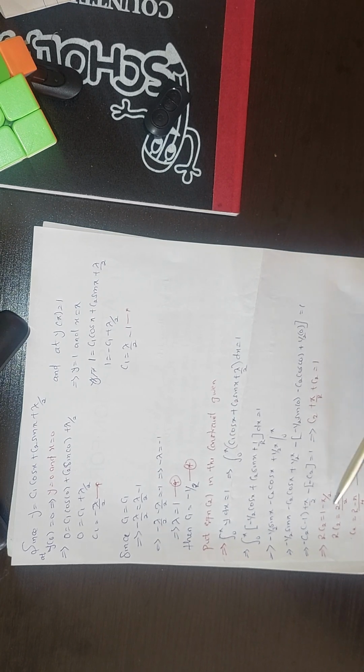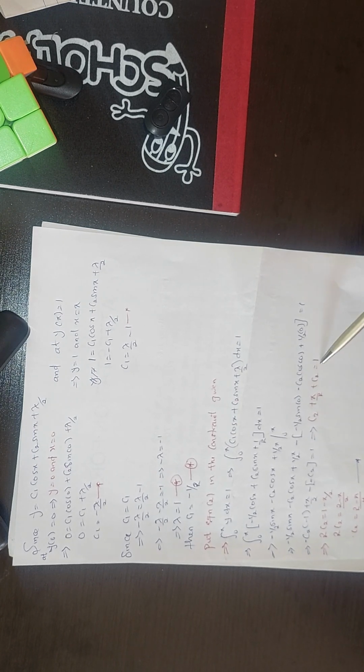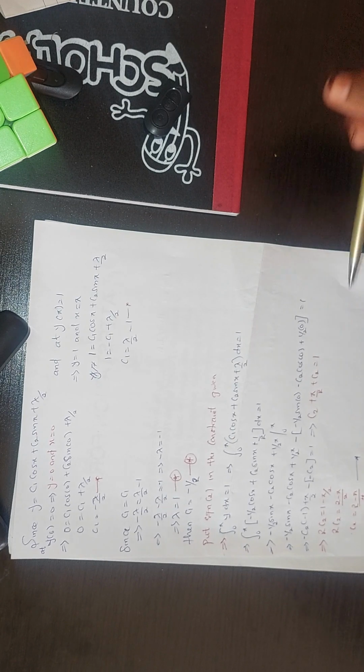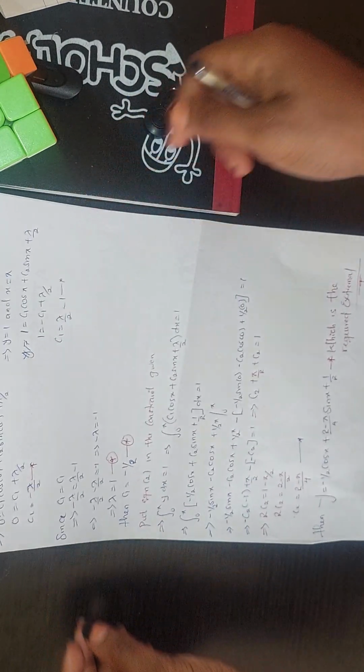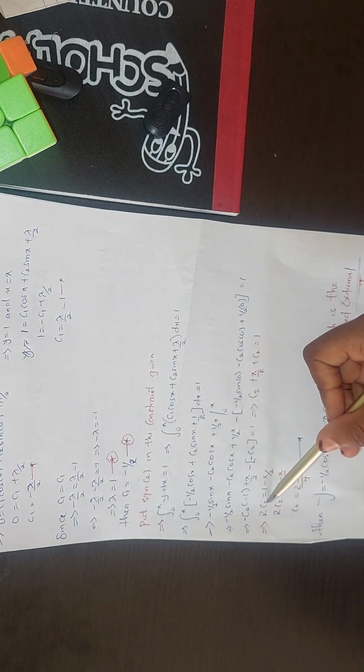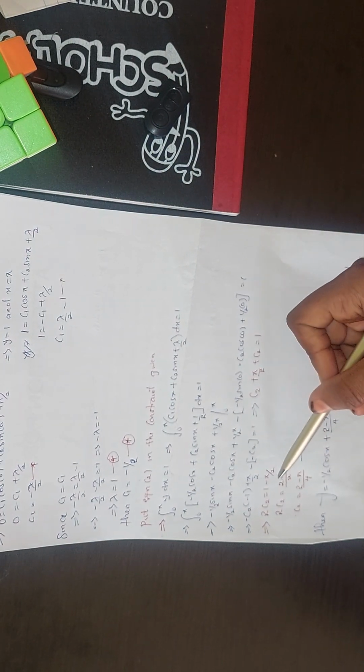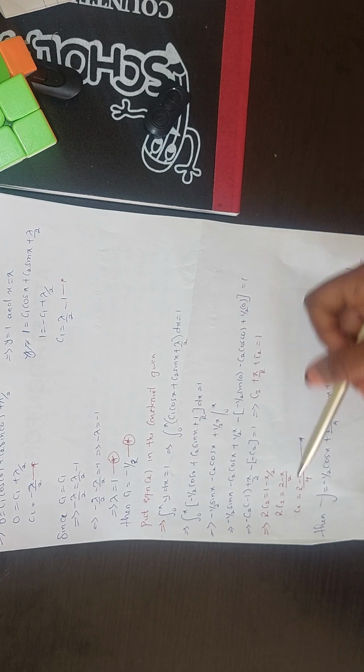Then you have 2c2 equals this. Take this to the other side. So you have 2c2 equals 1 minus pi over 2, all over 2. Then your c2, using normal mathematics, will be 2 minus pi over 4.